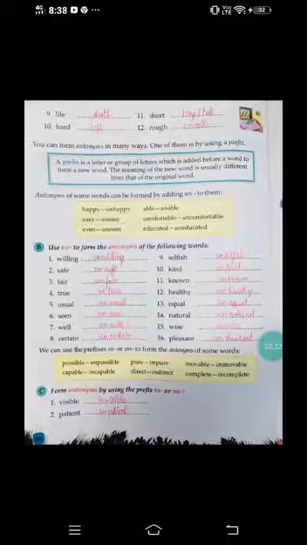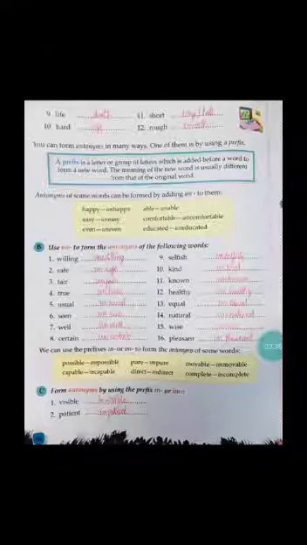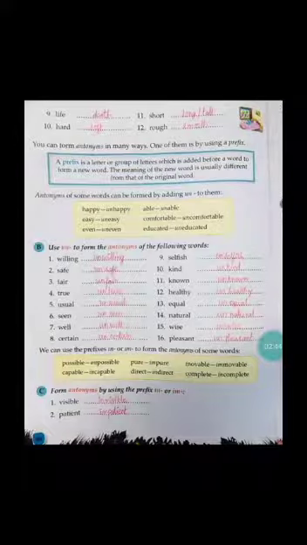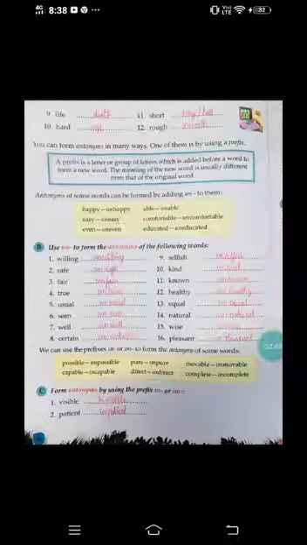Here in the box, if you observe: possible, impossible, pure, impure, movable, immovable, capable, incapable, direct, indirect, complete, incomplete. Form antonyms by using the prefix in or im. Visible, invisible. Visible means to see, right? Invisible means we can't see.